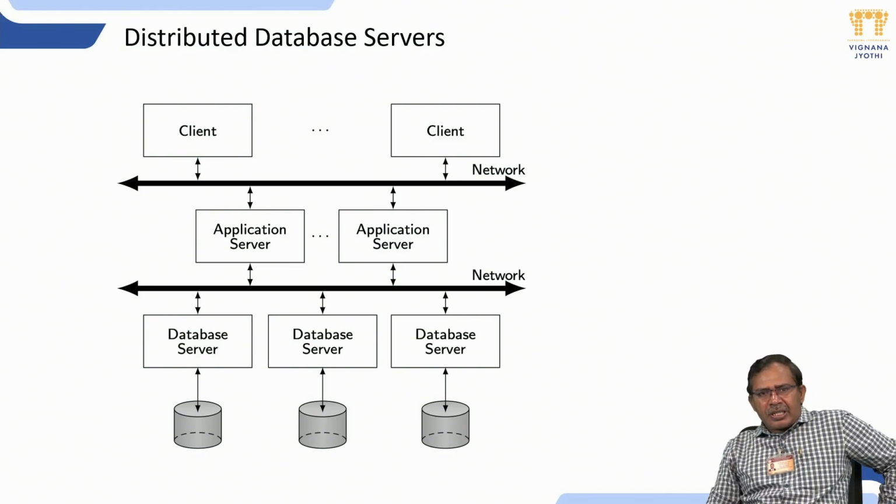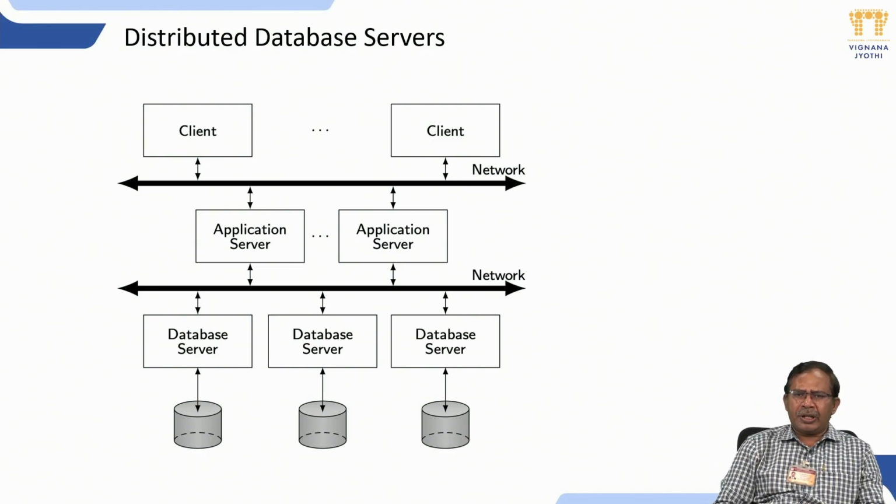In distributed database servers, we have different clients sitting at different locations, expecting the service from the real database with the help of application servers and database servers. All of them are connected over the network.